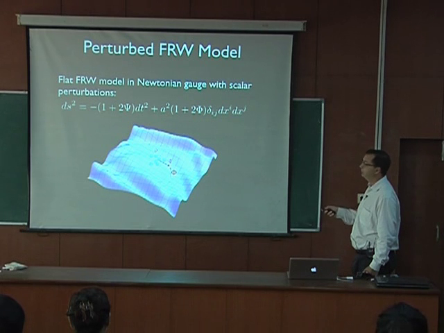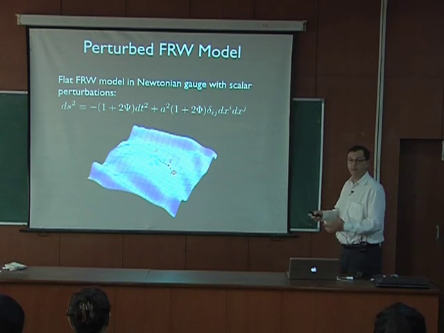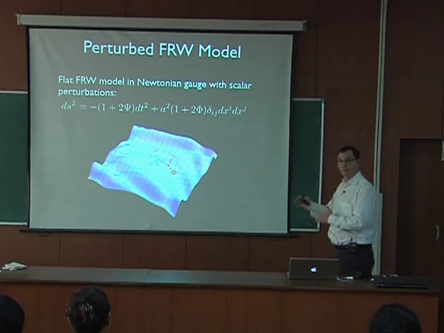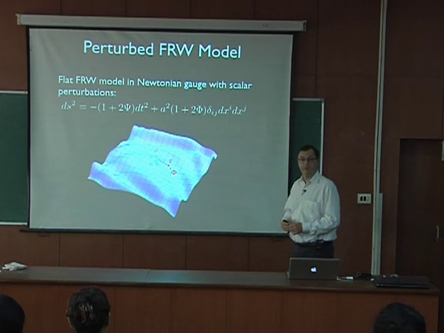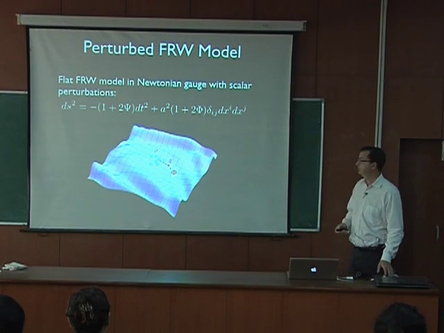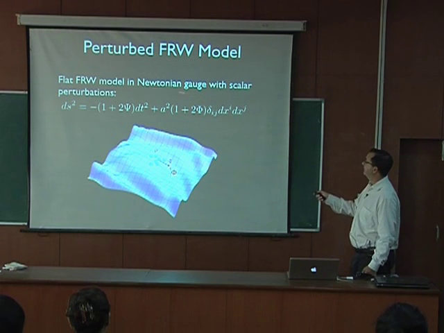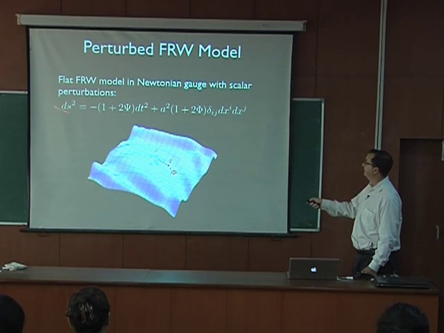And here we're going to go to first order only. So we had small perturbations. And it turns out that in order to do this, one needs to choose a gauge, different choices of the way we can parameterize these perturbations. We don't need to go into the details of this. But in this specific gauge, which is particularly convenient, called the Newtonian gauge, you can write the perturbed metric like this.